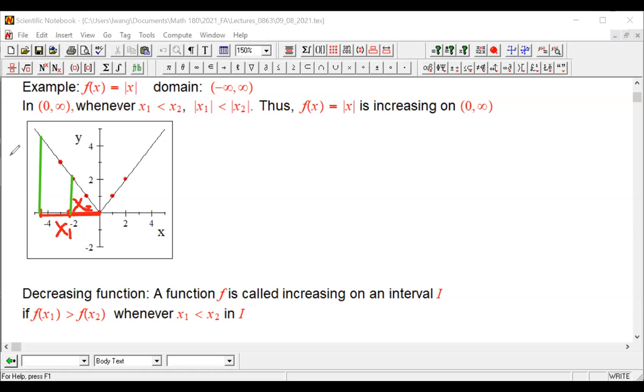These are the notations we also need to get used to. f of x1, and this guy is f of x2. You follow me? Now, is that statement true under the circumstances?